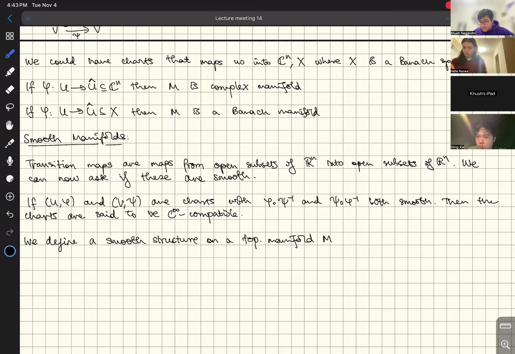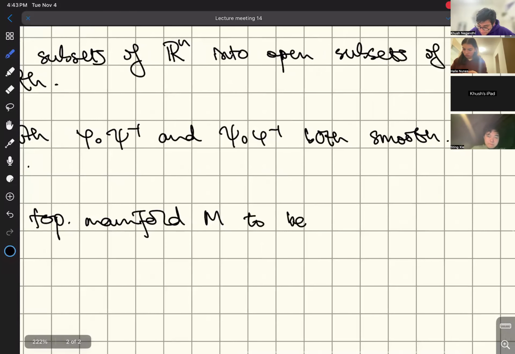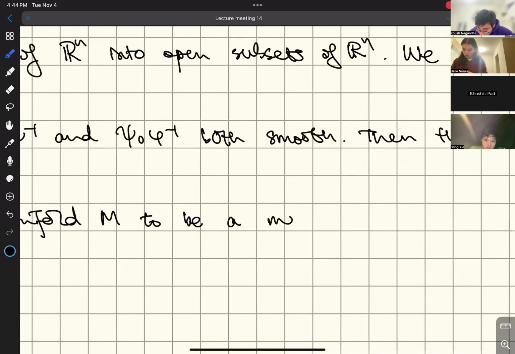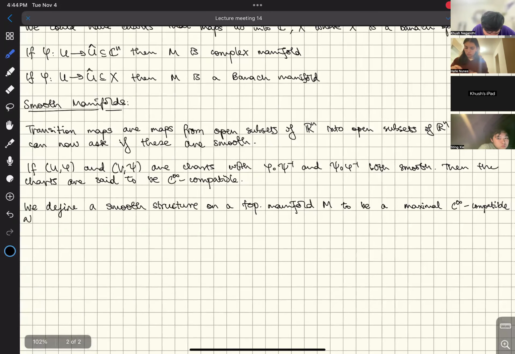We define a smooth structure on a topological manifold M to be a maximal C infinity compatible atlas on it. Okay.